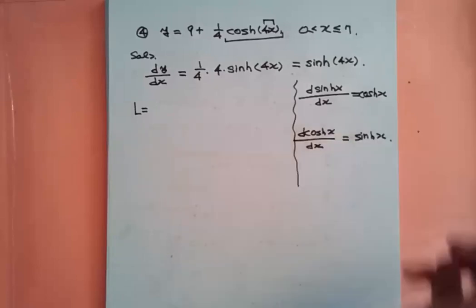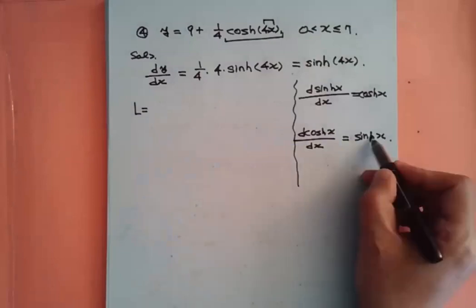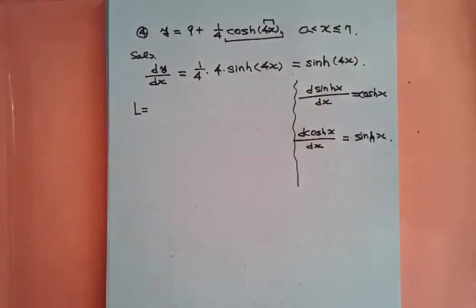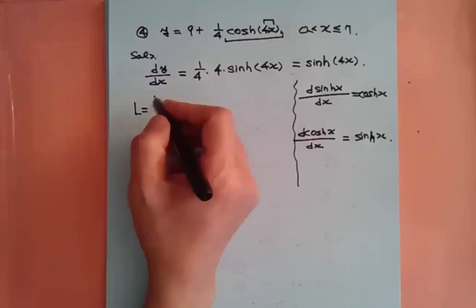It is quite similar to the sine and cosine functions' derivatives, where they just exchange each other, but hyperbolic cosine's derivative doesn't become negative hyperbolic sine. There is no negative. So let's do that.